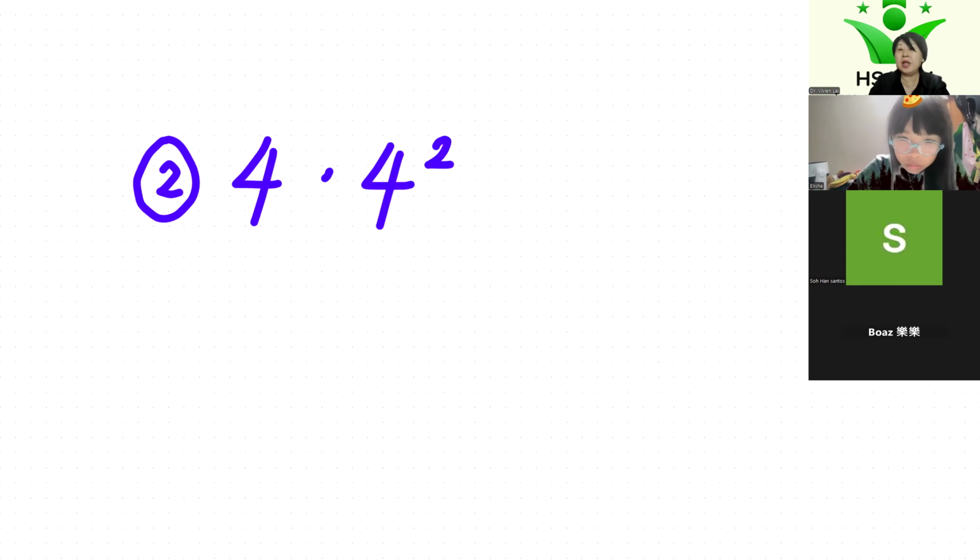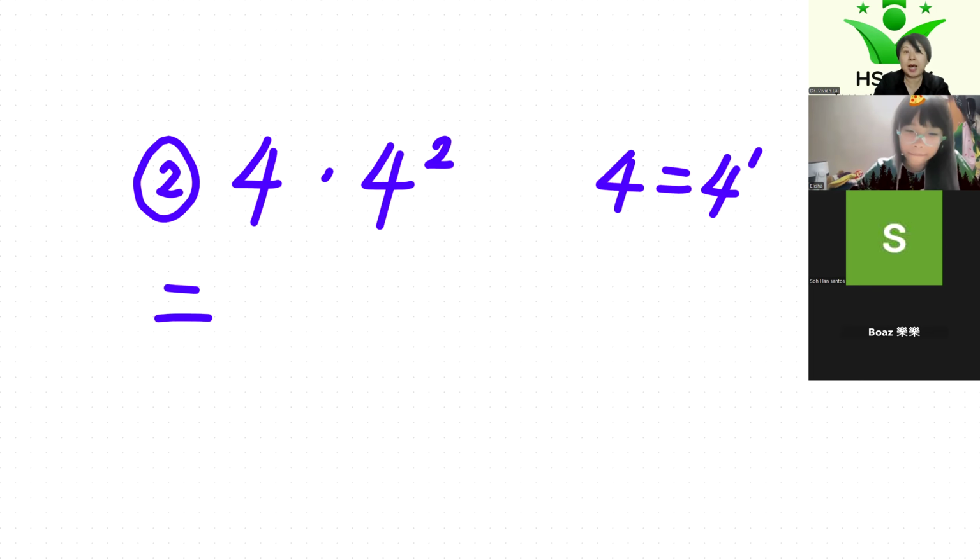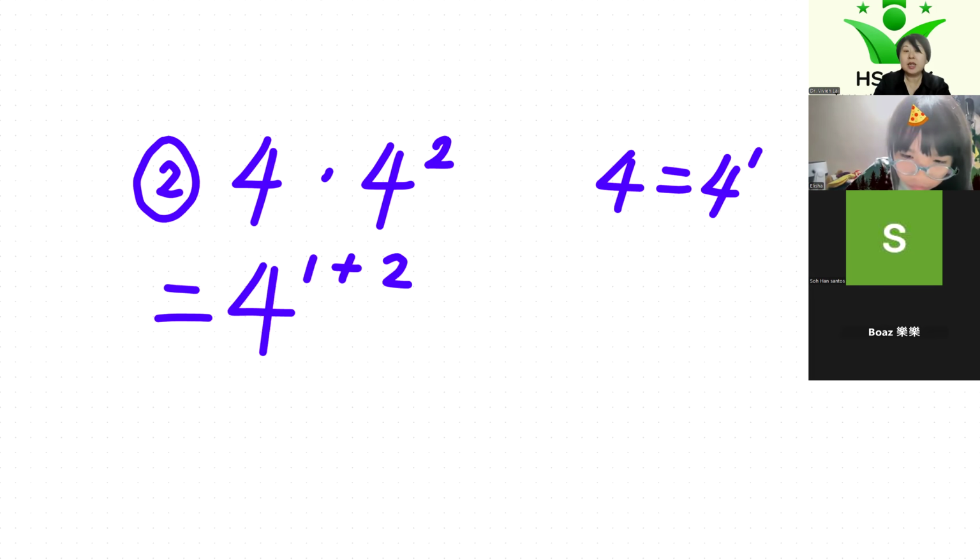Remember, 4 means 4 to the first power, but we won't write the first. By habit, we just say 4. So what does it mean? How do we solve this problem? 1 plus 2. So 4, and then 1 plus 2 is 3.